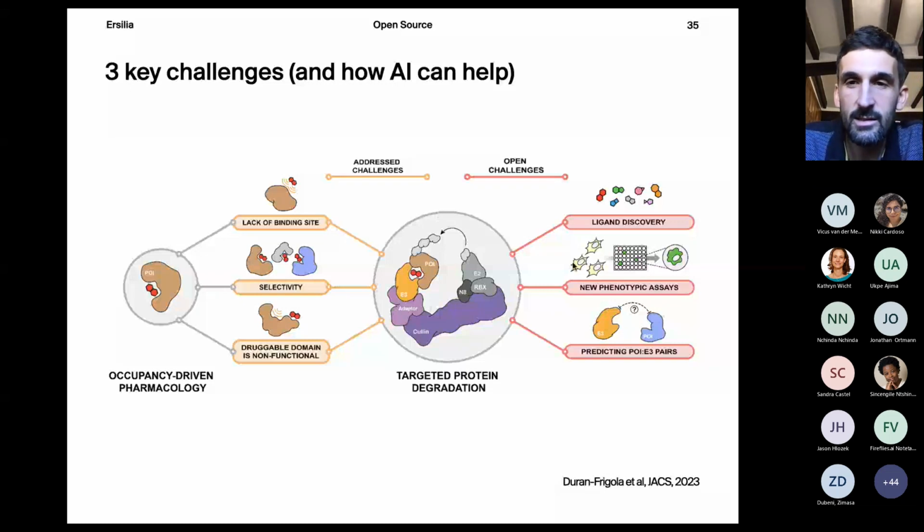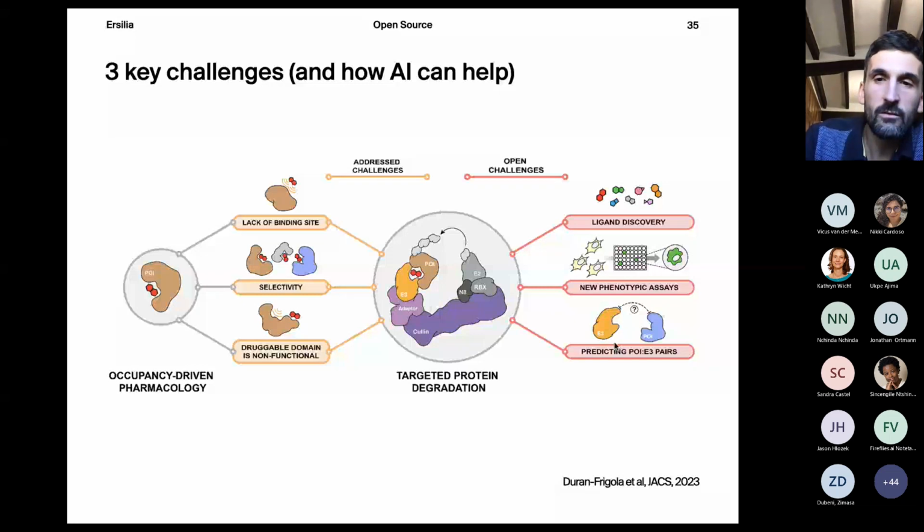However, this opens new challenges. For instance, how do we discover ligands that are amenable for targeted protein degradation? Which phenotypic assays should we be doing? And how can we predict structurally whether a certain PROTAC is going to be able to bring together the protein of interest and the E3 ligase as we want?